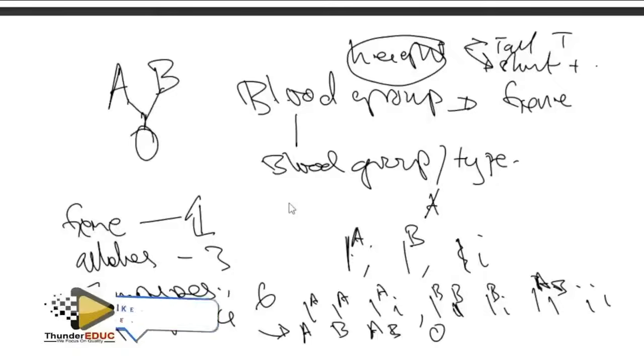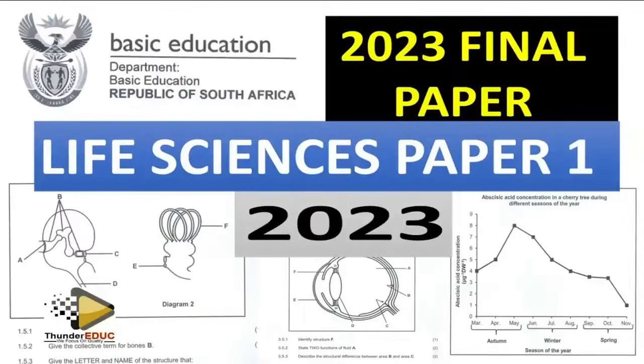Once you find that question, for you to cross, it means they produced a kid of blood group O. O is small i, small i.